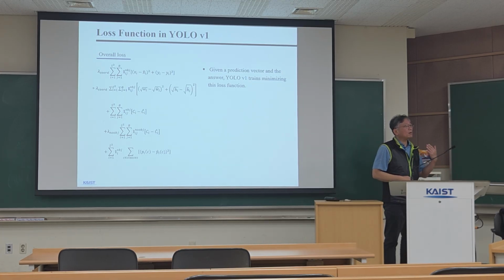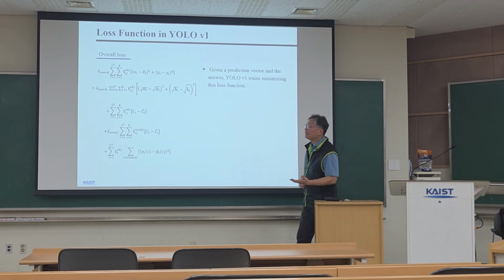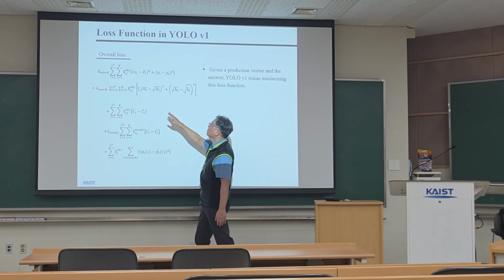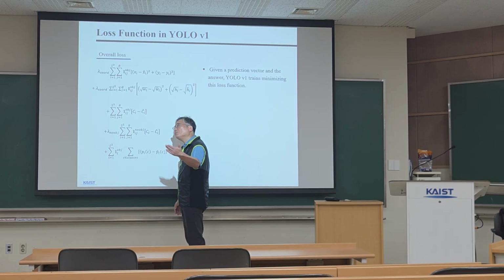I'm checking whether my predictor or my function is producing the right output. It's looking at this value. If it's not, then it's updating the weights of the convolutional neural net.